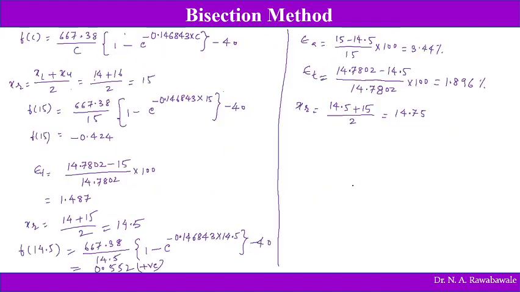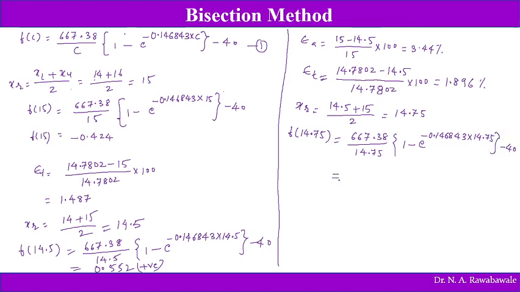Now we have to find f of XR. So again we come back to f of 14.75. We use this equation 1: 667.38 divided by 14.75, in bracket 1 minus e to the power of minus 0.146843 into 14.75, minus of 40.